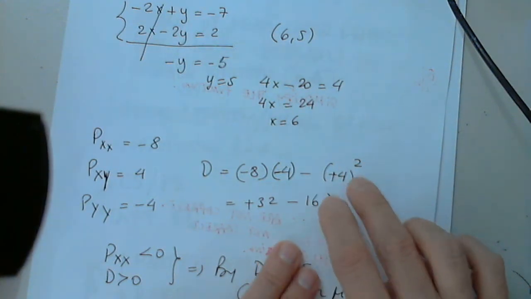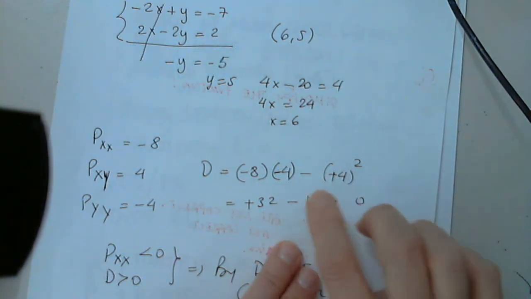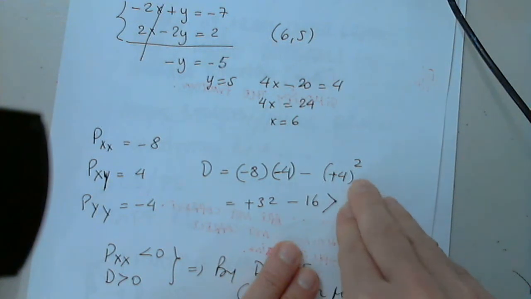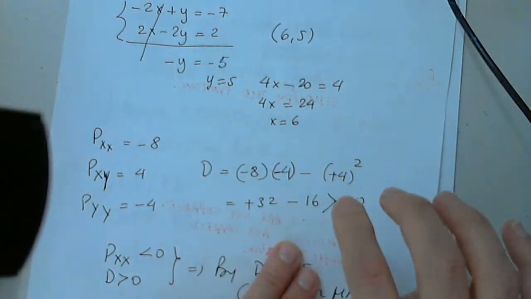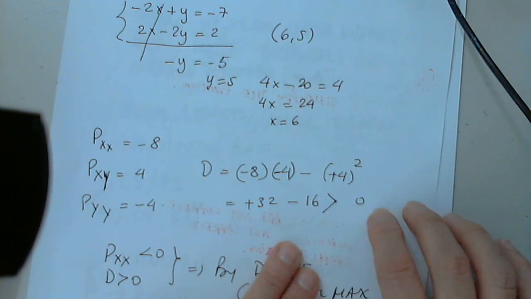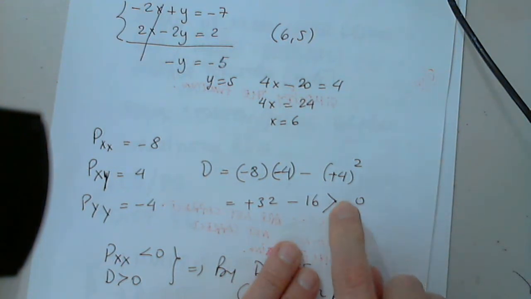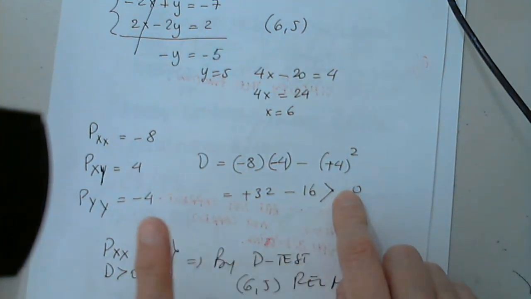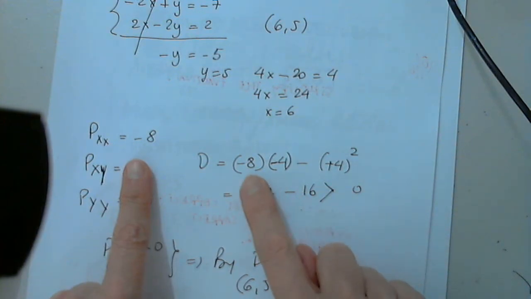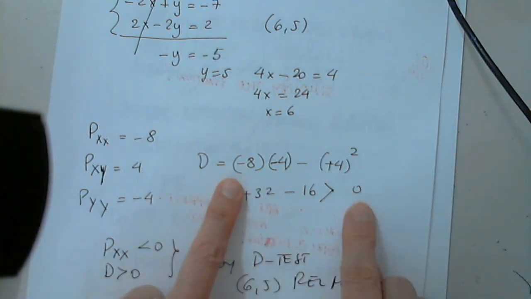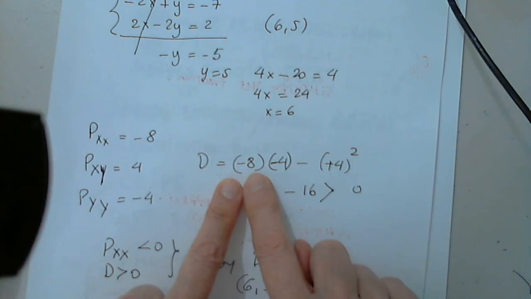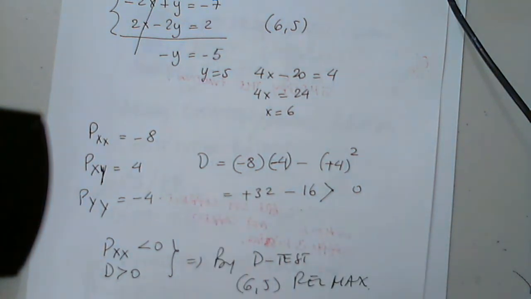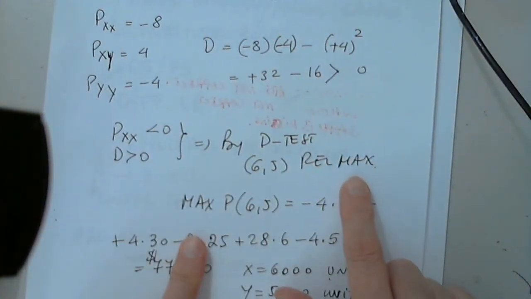This is 16 with minus in front. So whatever this is, I don't even need it. I don't need to calculate this. I just need to know whether it's positive or negative. Because it's positive, the test is applicable. Because pxx is negative, the test is positive, d is positive, and fxx is negative. This is typical for a relative max.